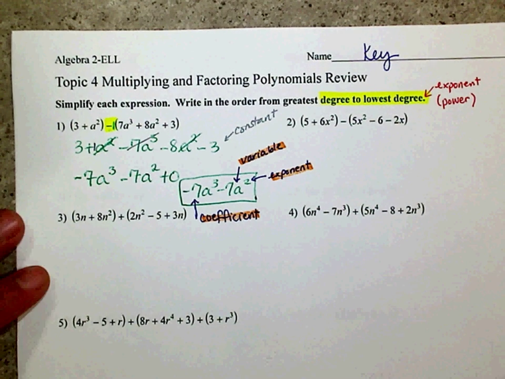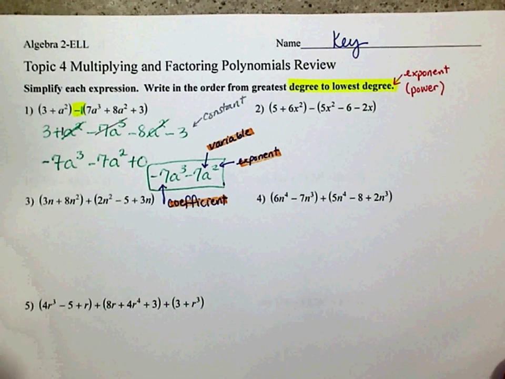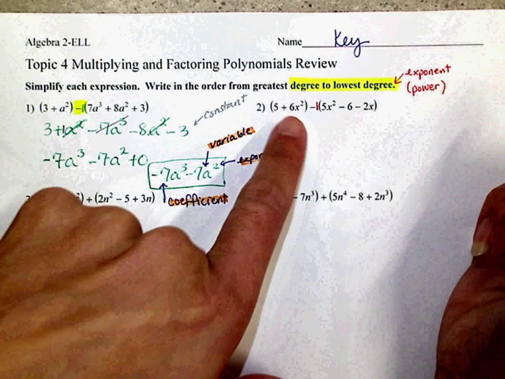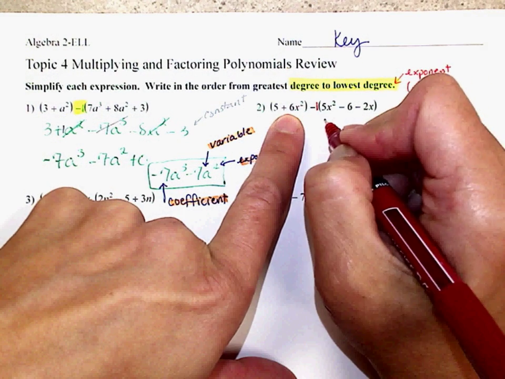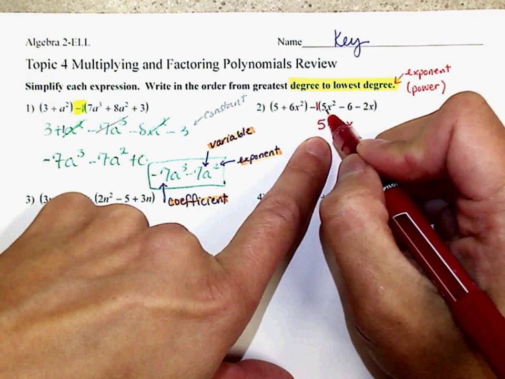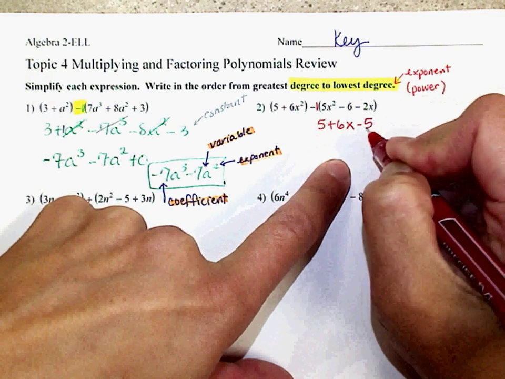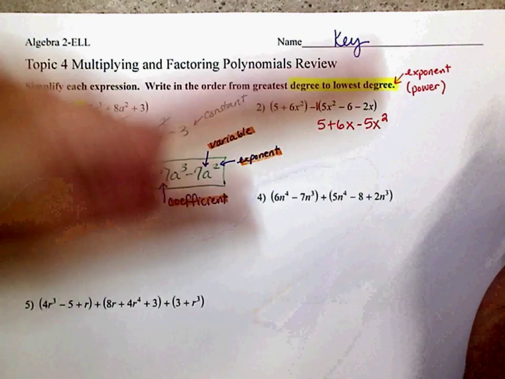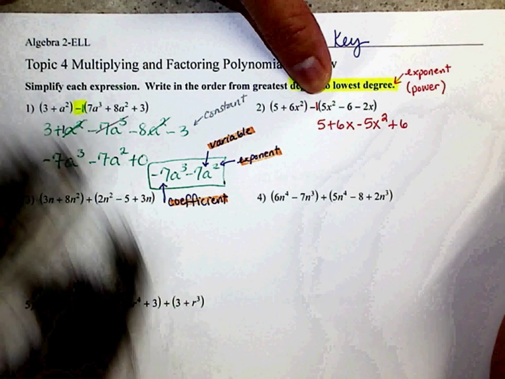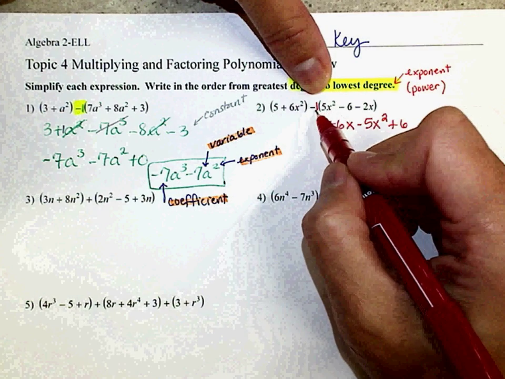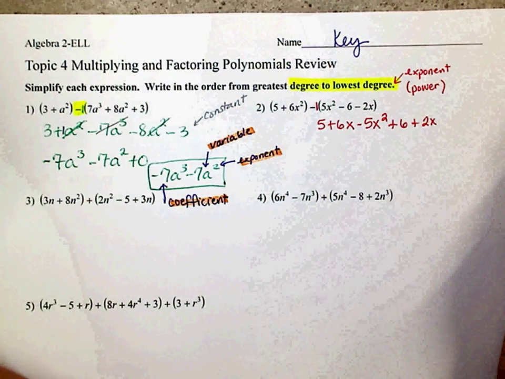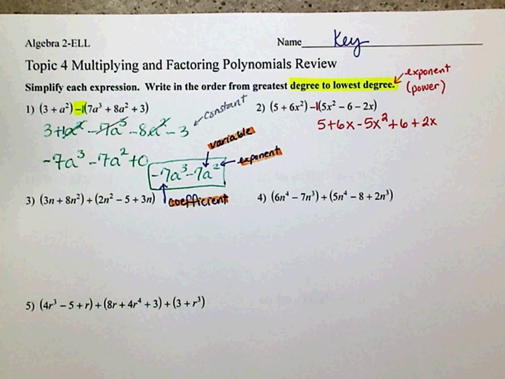Number 2. All right, you've got another negative, so you're subtracting. Look at your first set of parentheses, nothing alike, so I'm going to bring it down. Now you've got negative 1 times positive 5x squared, which is negative 5x squared. Negative 1 times negative 6 is positive 6. Negative 1 times negative 2x is positive 2x. Combine your like terms starting with your highest power.